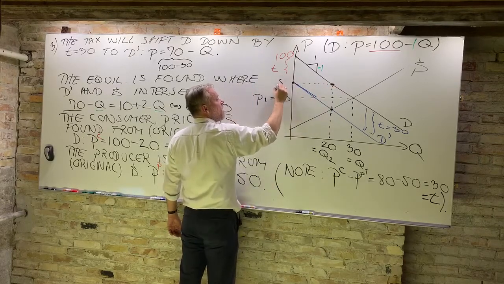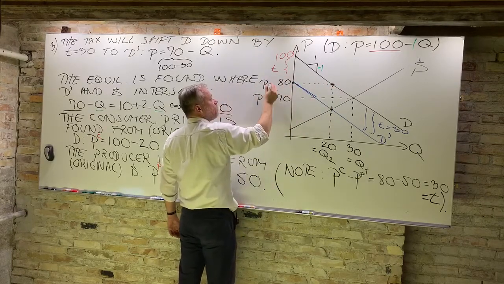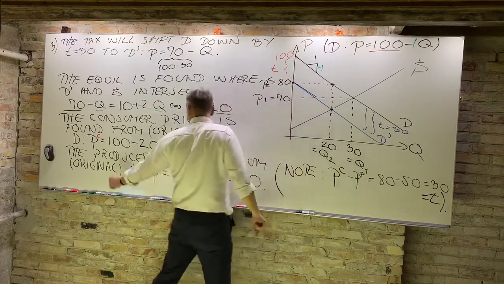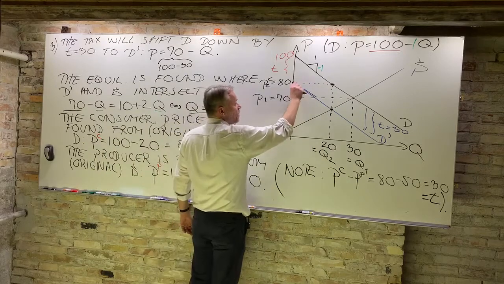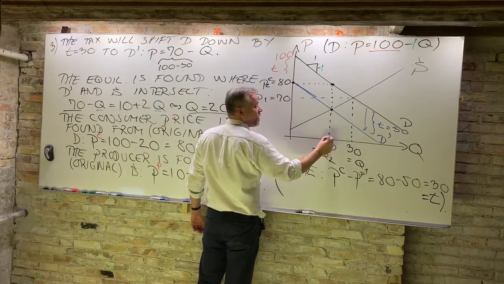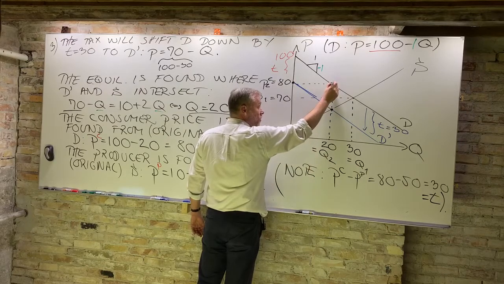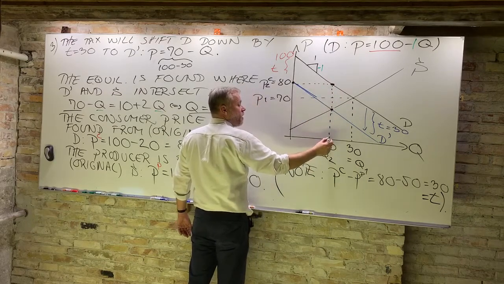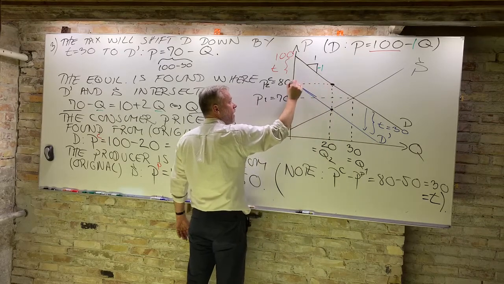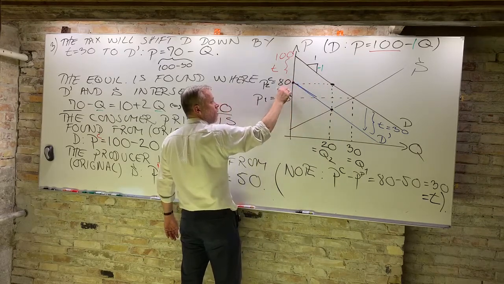In other words, in here we've got the 80, which we found by plugging in. Once again, it doesn't fit because this is just a sketch. But the basic principle is to take the quantity, plug it into the original demand curve, which corresponds to starting at a quantity of 20, moving upwards onto the demand curve, and then reading off the price on the p-axis.